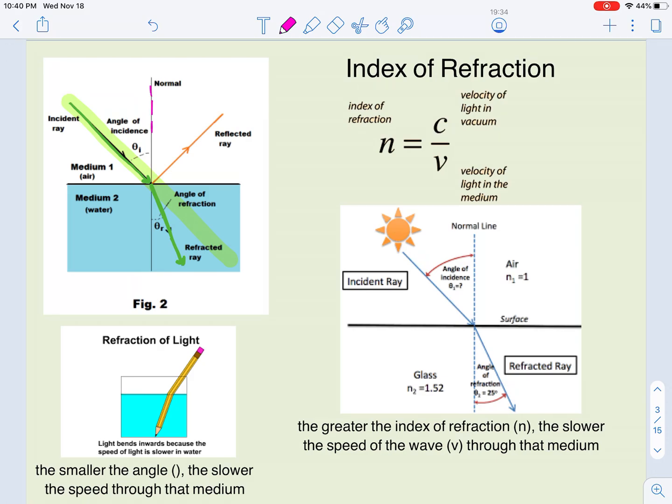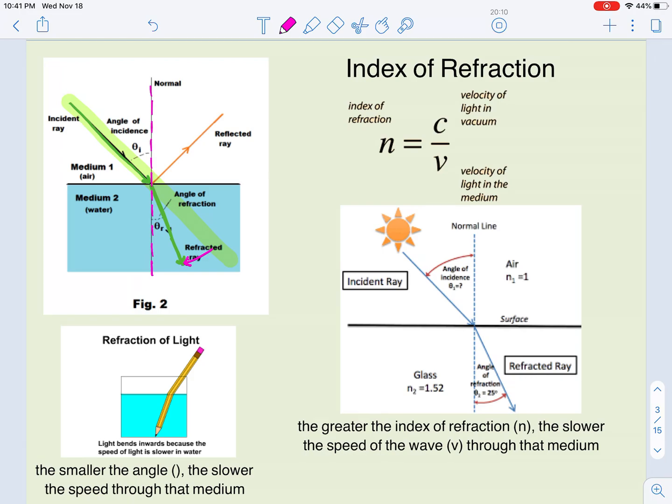Now, we have our normal line, so let's review. The normal line is always perpendicular to the boundary or our surface. So here is our normal line. We are going to measure our angles from the normal line. So we can see that the path that the light was supposed to travel here and the path that the light actually traveled here are not the same. So how was that path adjusted?